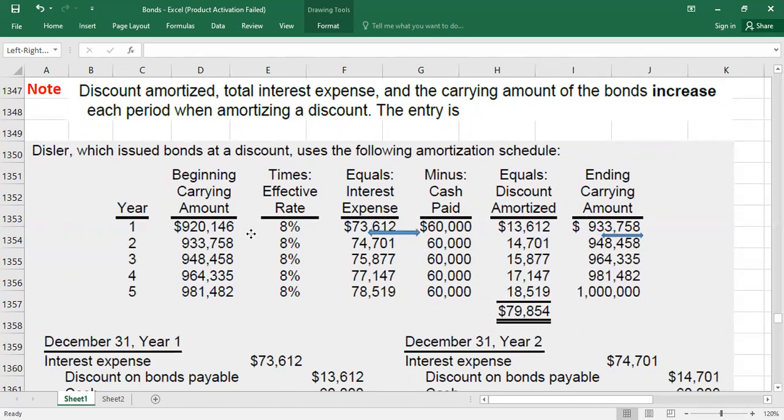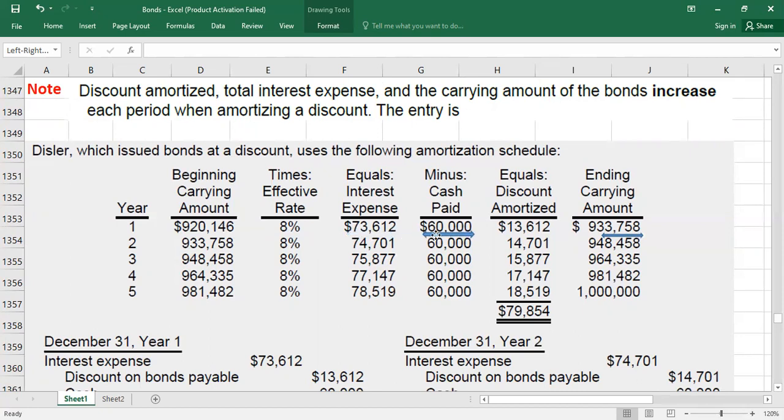So here we go. First of all, we will start from year one. In year one, the very first value you will write is the present value. The total present value was, if you go back and check, 920,146. You will multiply with the 8%. This will give you interest expense, which you will record in the income statement.